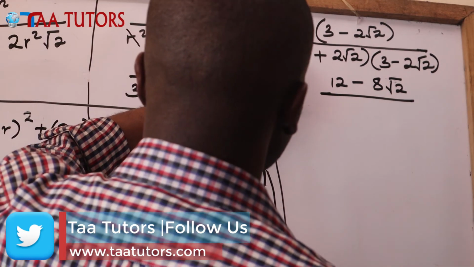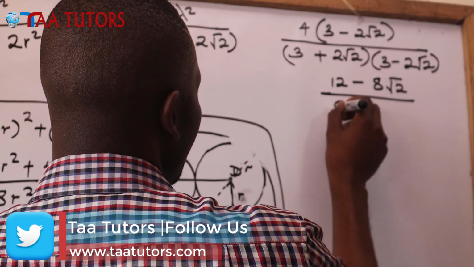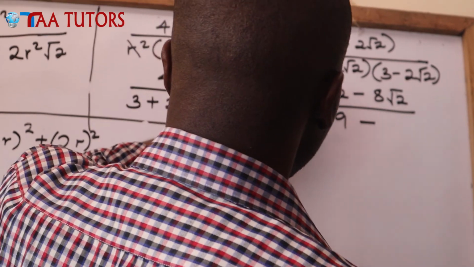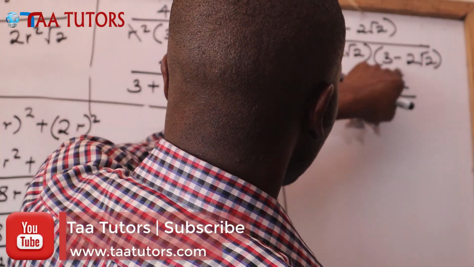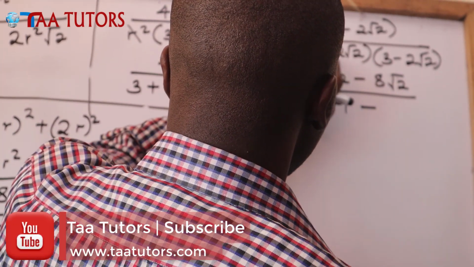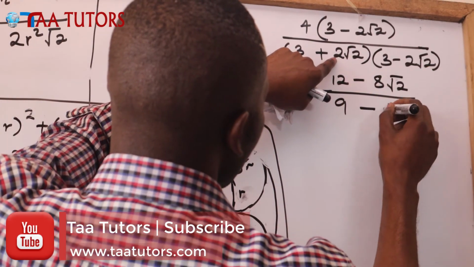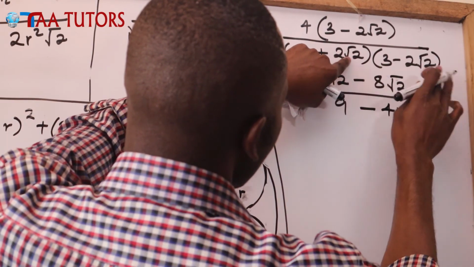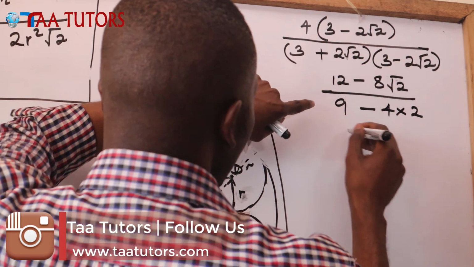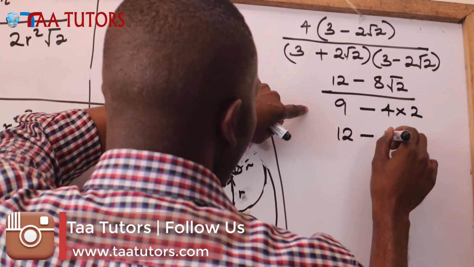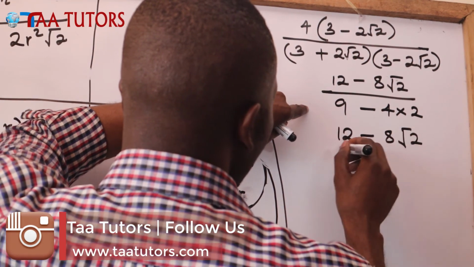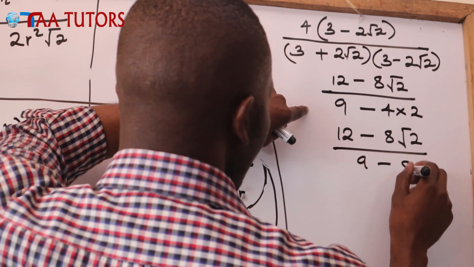we know that 3 times 3 is 9, minus, there's a difference of 2 squares. 3 times 3 is 9, 2 times 2 is 4, times √2 times √2 is 2. So we'll get 12 minus 8√2 divided by 9 minus 8.